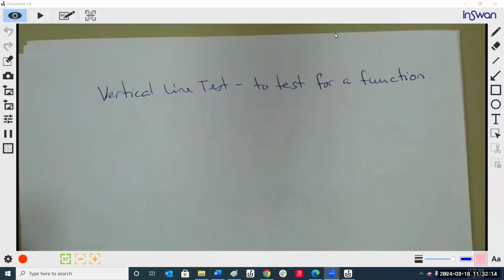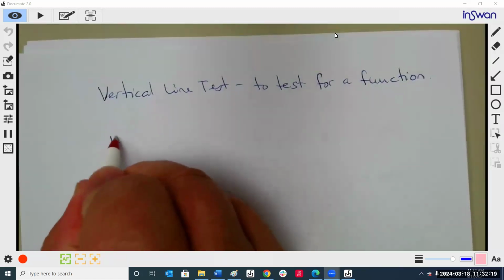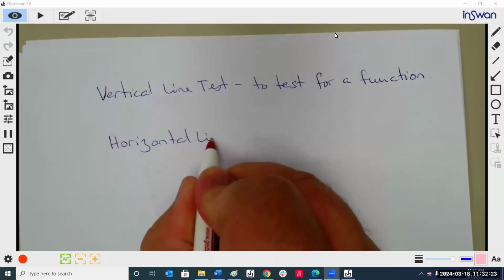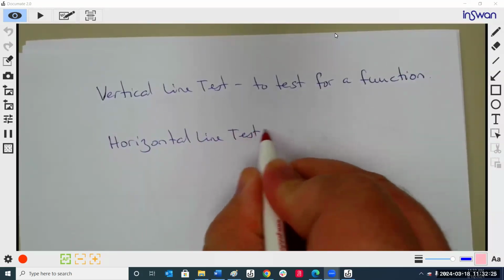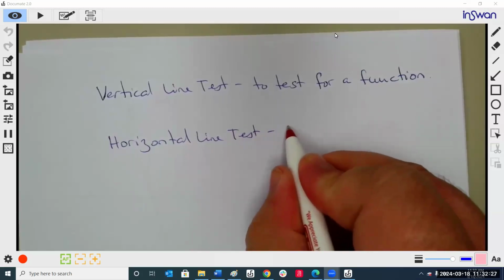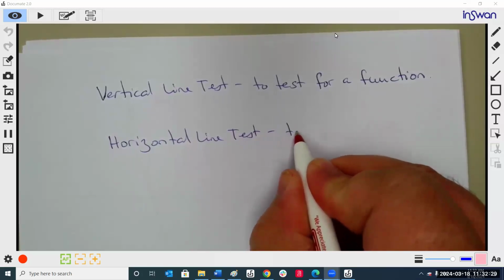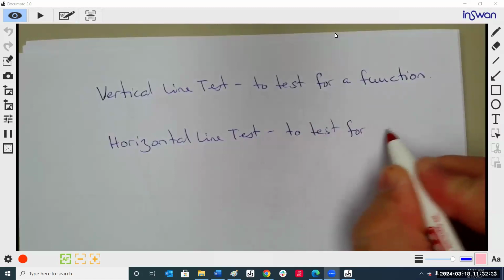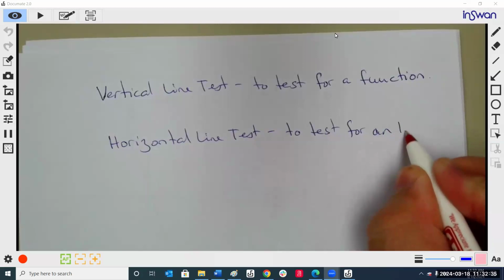If you draw a vertical line and it only crosses once, then it's a function. Now, the horizontal line test is to test for an inverse.